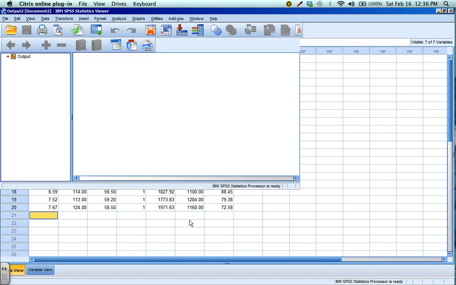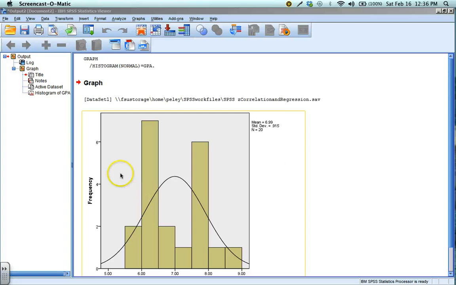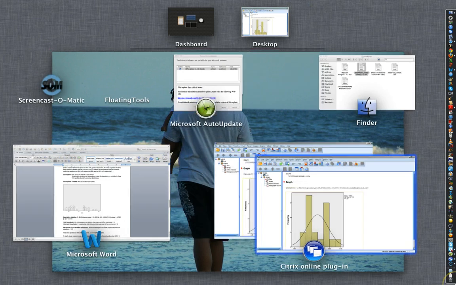As I look at the GPA here, it looks fairly normal. It pretty much fits that normal curve. I don't think it's going to be out too much. So that one may pass the test of normality. You can do a little variance test to make sure of this, but I'm just looking at it here to see if the data is fairly normal.